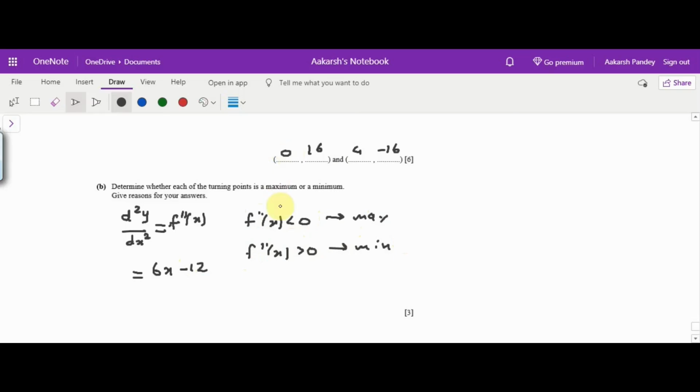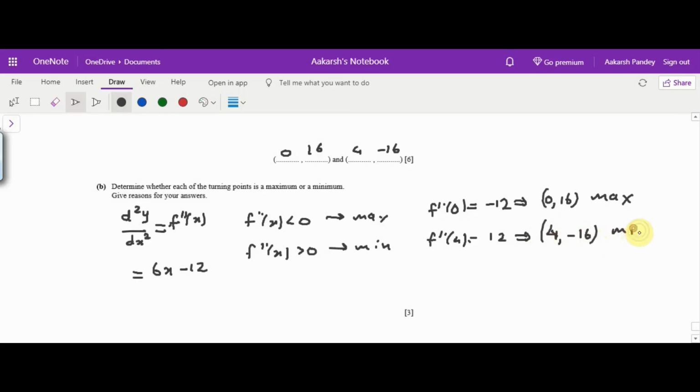So when x is 0, f double dash 0 is equal to negative 12, which implies 0 comma 16 is a maximum, and f double dash of 4 is actually positive 12. So this implies 4 comma minus 16 is a minimum.